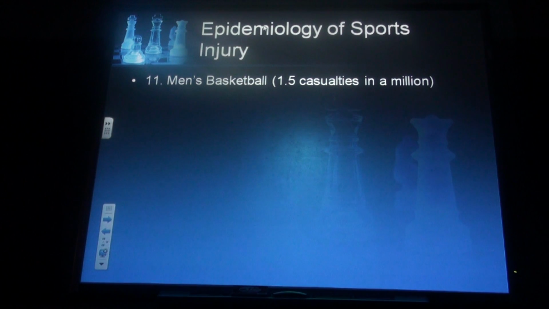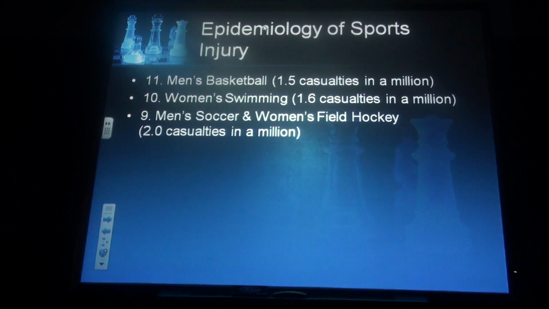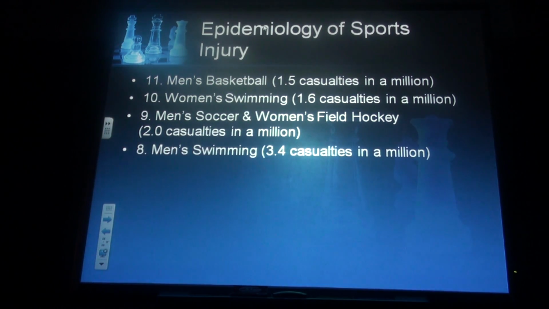Number 11, men's basketball, 1.5 casualties in a million. Number 10, women's swimming, 1.6 casualties in a million. Tied at number 9, men's soccer and women's field hockey, 2 casualties in a million. Number 8, men's swimming, 3.4 casualties in a million.